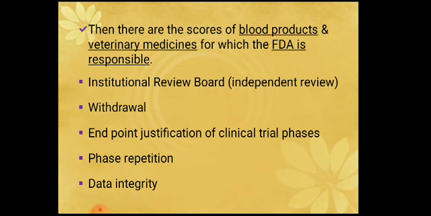An independent review is performed in the institution where the trials are conducted, or in the hospitals. So that institutional review board, called the IRB, also keeps a continuous watch over the trial studies conducted on investigational drugs.